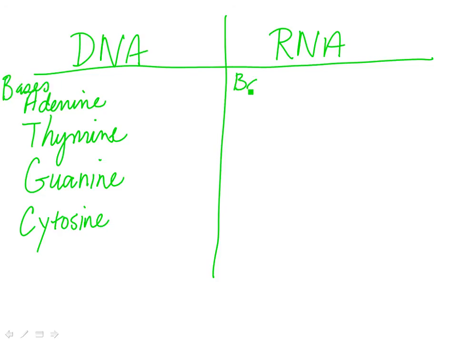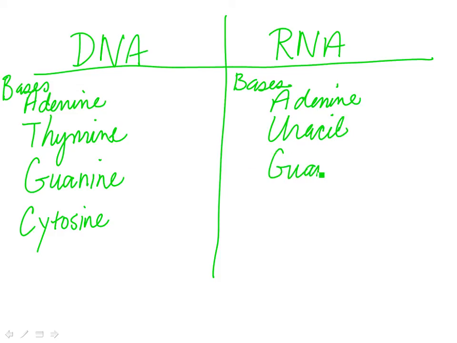The bases for RNA are adenine, then instead of thymine you're going to have uracil, and then guanine and cytosine.